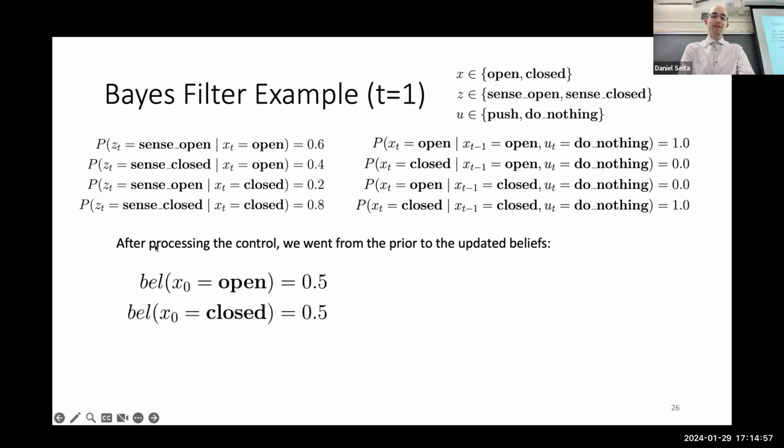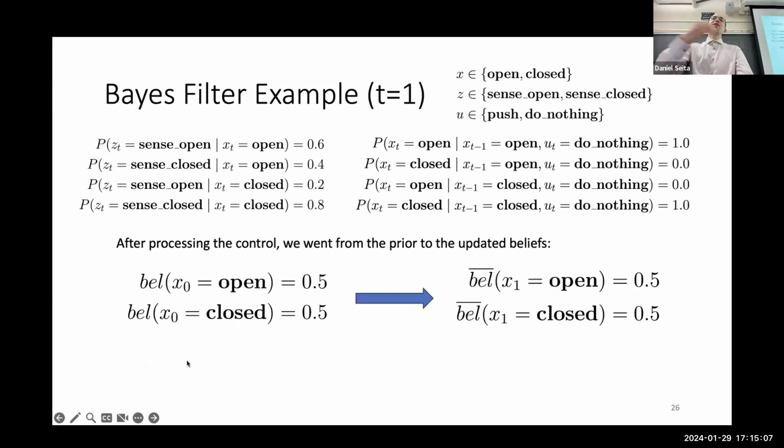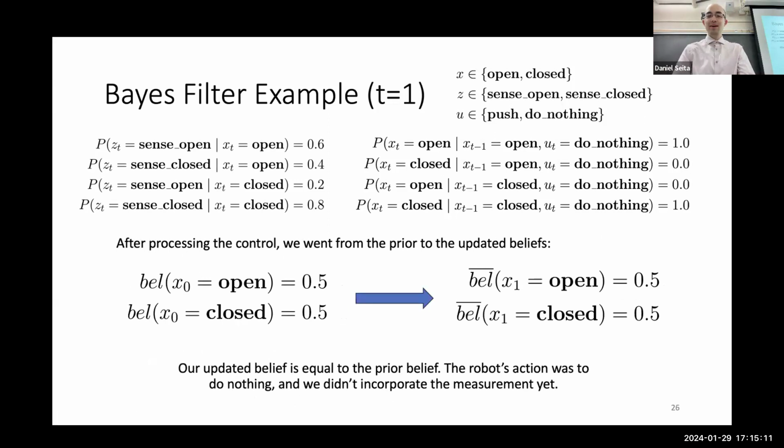So after we process the control of the action being do nothing, we went from the prior to the updated belief. But this is kind of meaningless because the robot's action did nothing. We didn't incorporate the measurement yet.